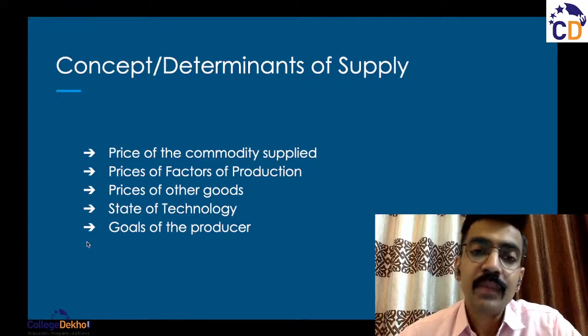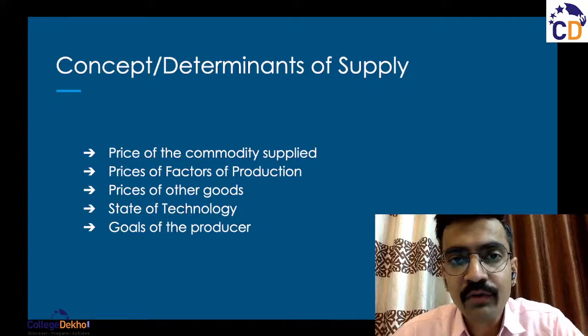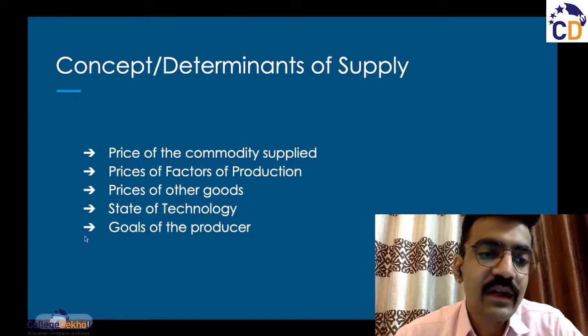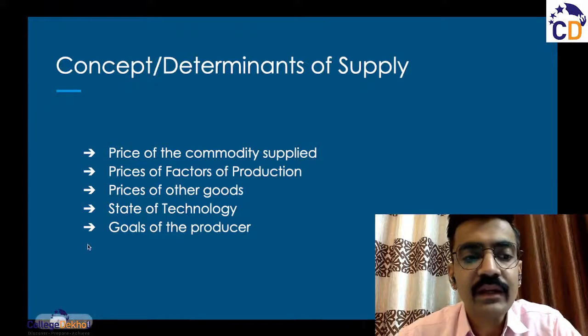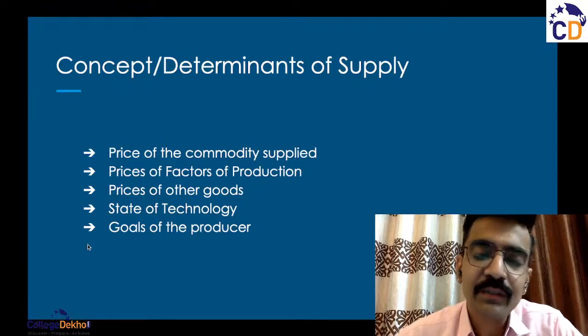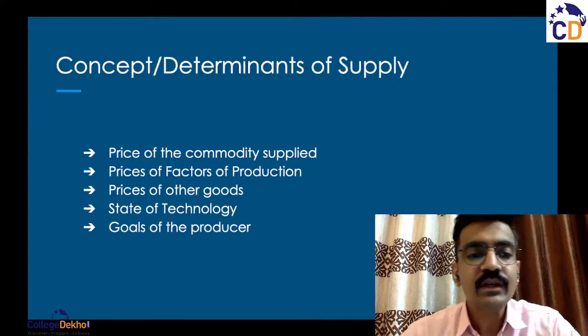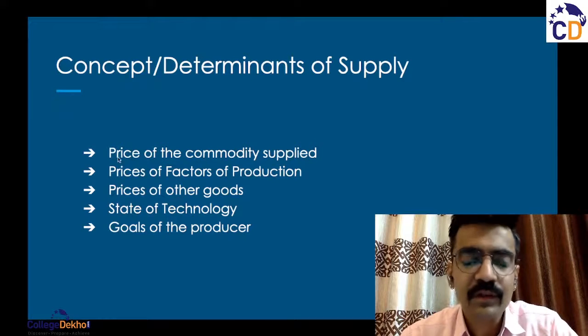But since demand is from the consumer's point of view, we'll be looking at these determinants of supply from the producer's point of view.